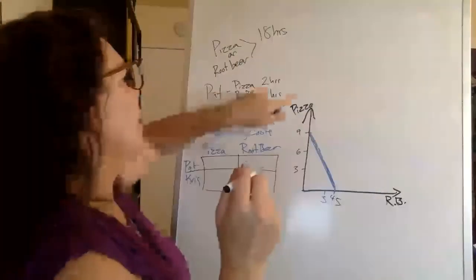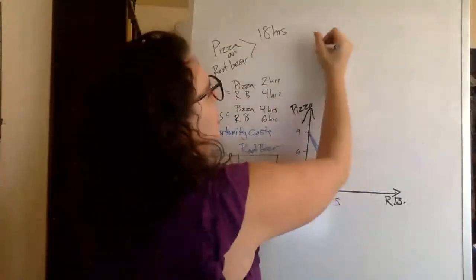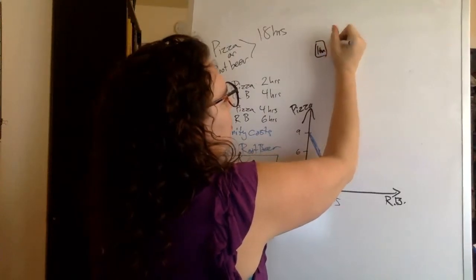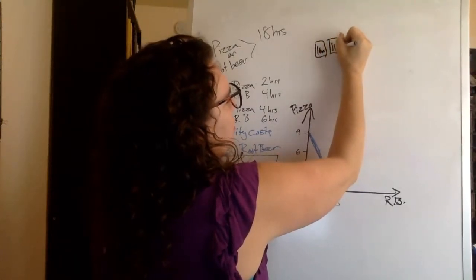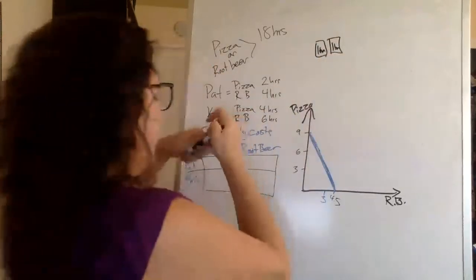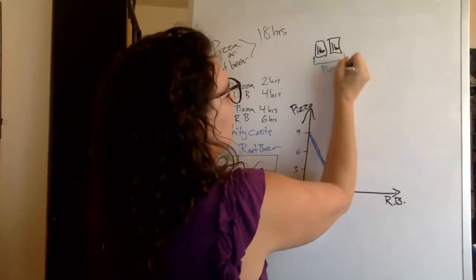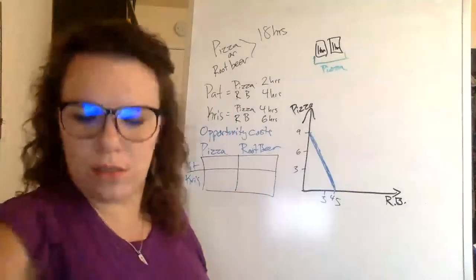So let's say we have 1 hour, and here's 2 hours. That would make 1 whole pizza for Pat.